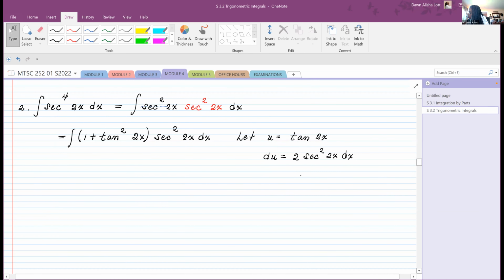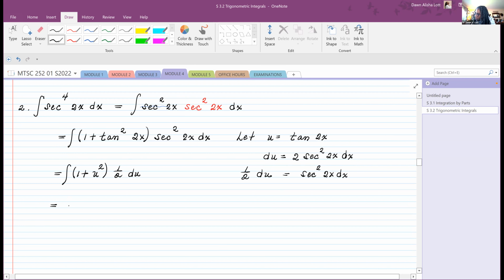So therefore, secant squared of 2x dx turns out to be 1/2 du. Okay, so now I'm ready. The integral of 1 plus u squared, secant squared of x dx, well, that's 1/2 du. So this is a nice, easy integral.